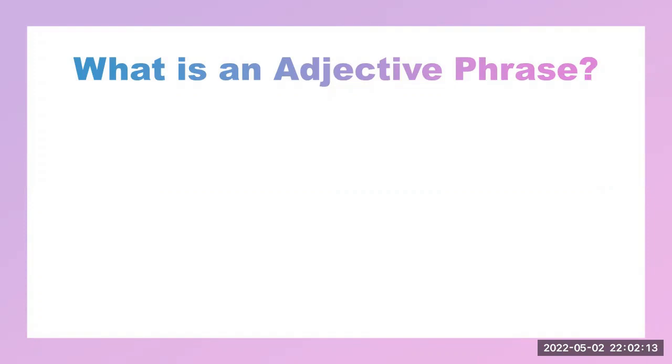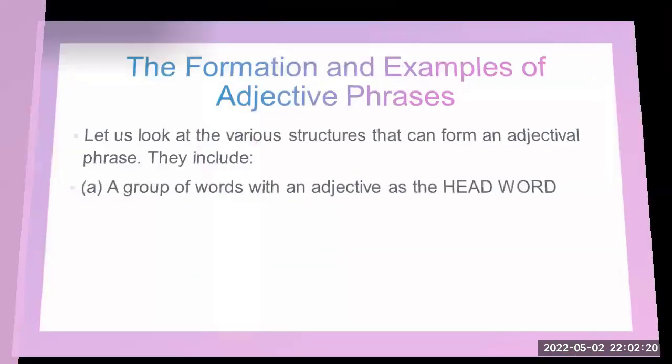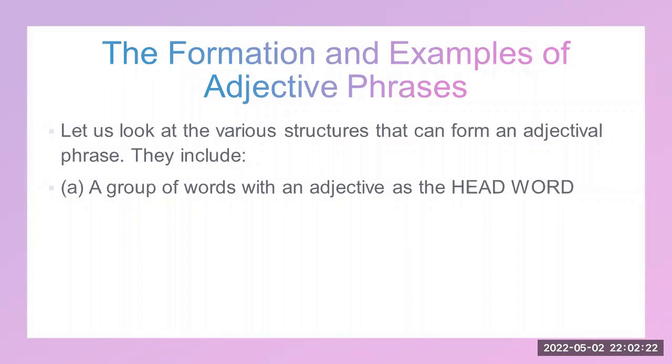Now, let's begin to look at the various grammatical structures that we can call an adjective phrase in an English sentence. So we are looking at the formation and examples of adjective phrases. This means we want to look at the various structures that can form an adjective phrase. One of them is a group of words with an adjective as the head word.